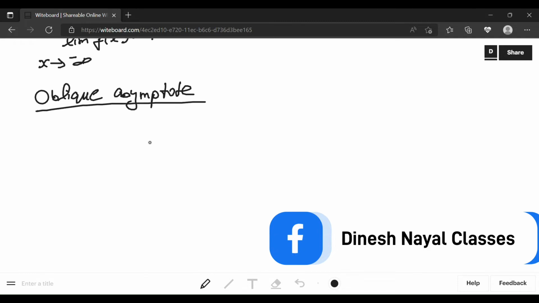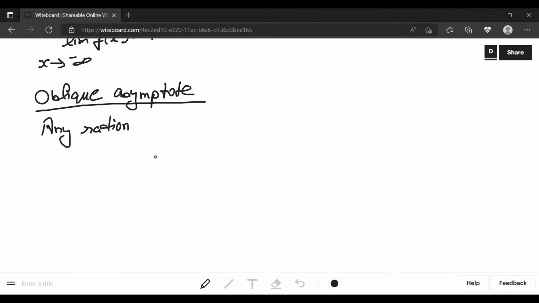Oblique asymptote. Now consider any rational function f(x) by g(x).